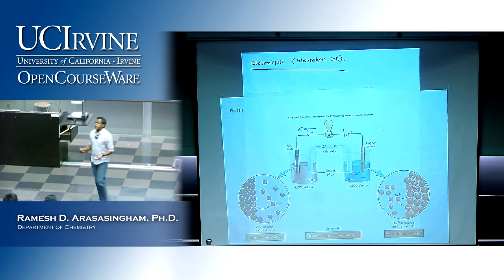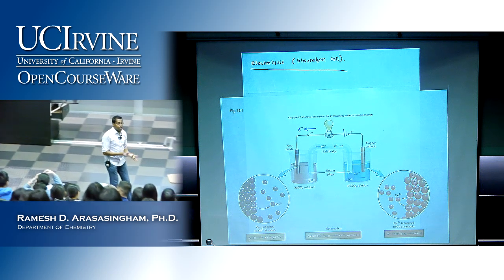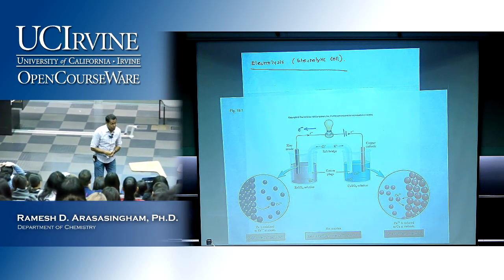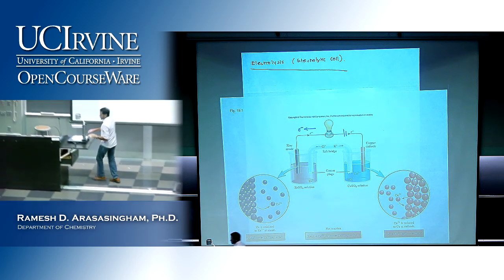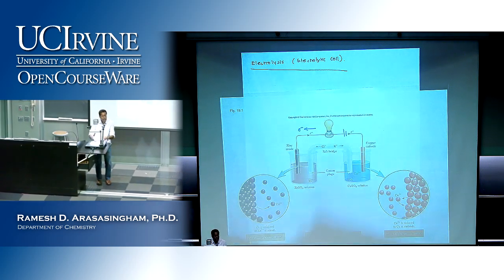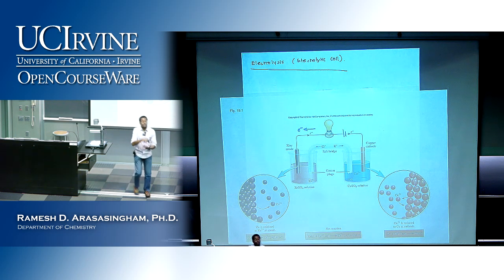And because we're forcing the electrons to go in the opposite direction, now what was the anode becomes the cathode. Do you see that? So now over here at this electrode, electrons are getting pulled in. So this is no longer an oxidation. Now where the oxidation used to take place, you're going to have a reduction.